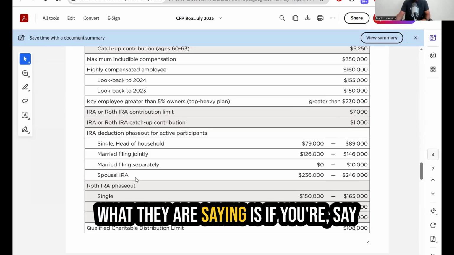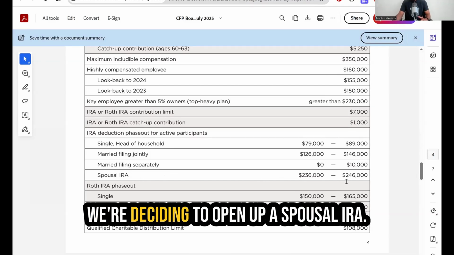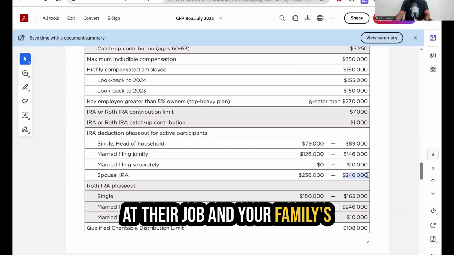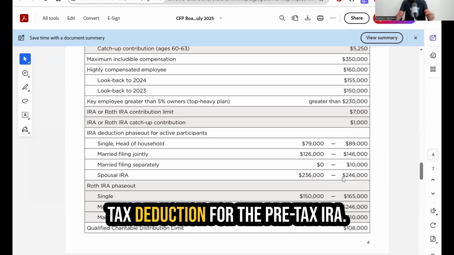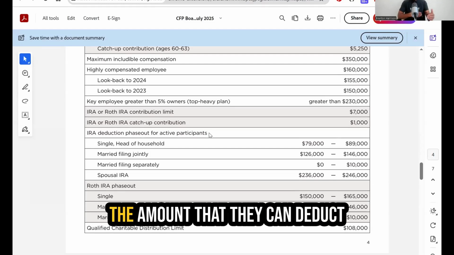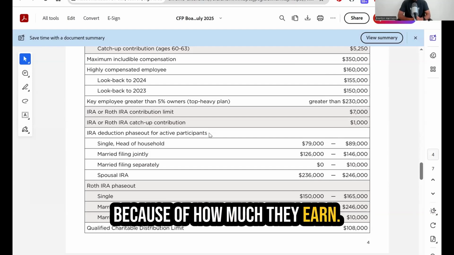But what they are saying is, if you're, say, for example, a stay-at-home spouse, and we're deciding to open up a spousal IRA, if your spouse is an active participant at their job and your family's adjusted gross income is over $246,000, you still can't get that tax deduction for the pre-tax IRA. And this is an example of reverse discrimination, either reducing the amount that they can deduct or disallowing the deduction because of how much they earn.